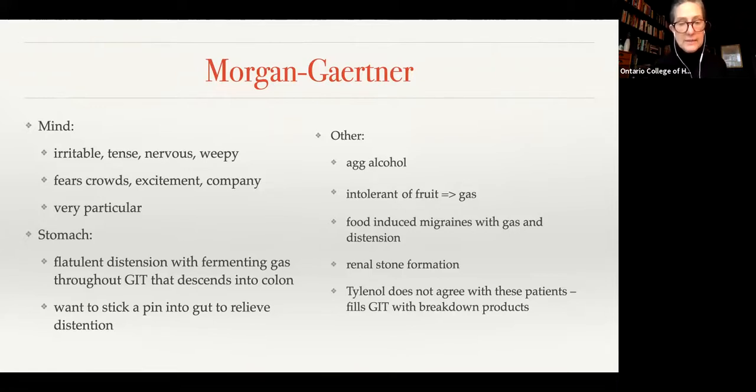Food-induced migraines with gas and distension, renal stone formation, and Tylenol does not agree with these patients either. It fills their gastrointestinal tract with breakdown products, which again is translated as either eructations and water brash or flatulence.